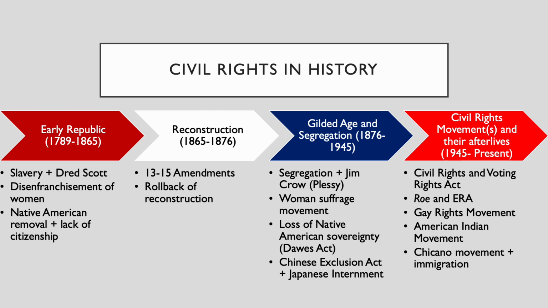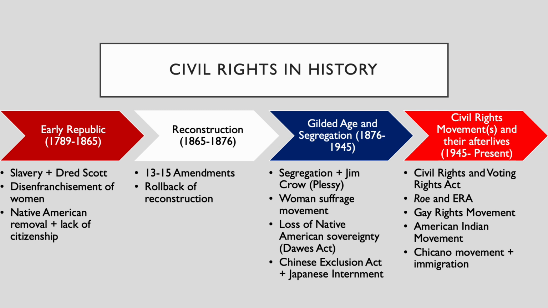During the late 1800s, you also have the loss of Native American sovereignty with a series of wars between the U.S. government and Native nations in the West, culminating in the Dawes Severalty Act, which promised citizenship to Native Americans who severed their ties to their native nations. And you have a series of immigration restrictions targeted at Asian nations, the Chinese Exclusion Act, and the Gentlemen's Agreement with Japan, basically limits on immigration.